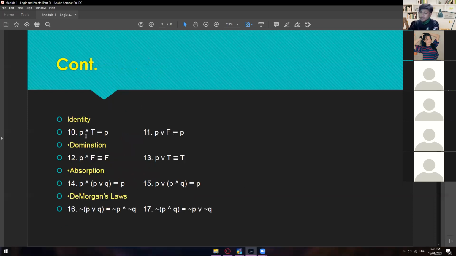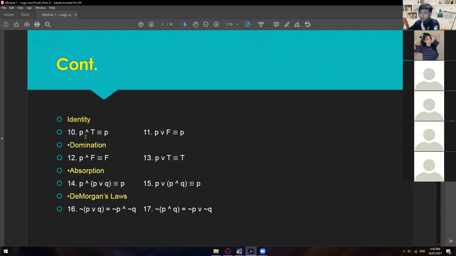Right. So moving on, we have here identity, wherein if we have this kind of setup, P and T, this one is already equal to P. Why? Because if you're going to take a look at this one, if it's AND, okay, and as we all know in AND, it doesn't matter how many true values you have.